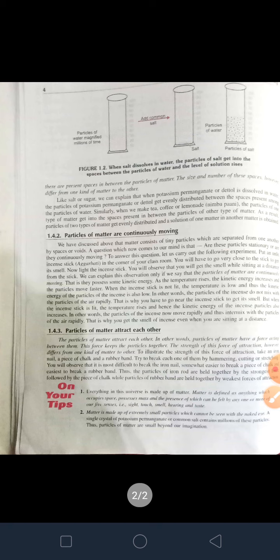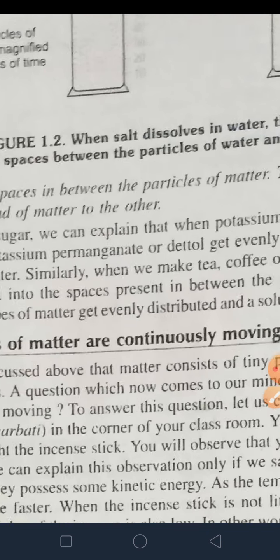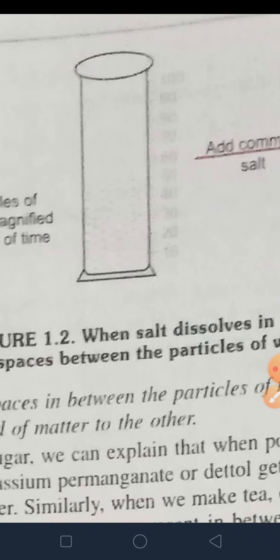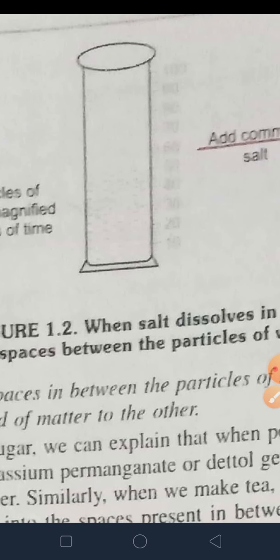For this, let us do an activity. Here you see, if we bring, say for example, a 100-liter cylinder and pour some water into it. Say for example, we will fill this cylinder up to 50 ml.